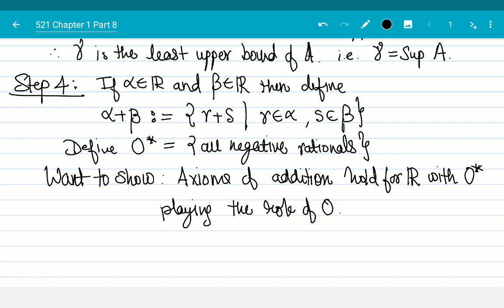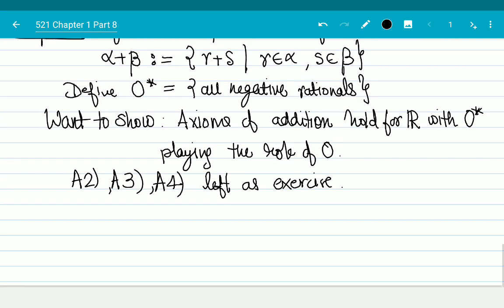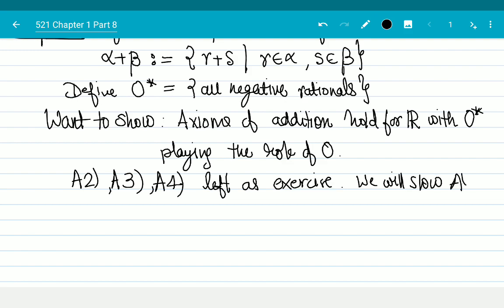I'm just going to show A1 and A5; A2, A3, A4 are left as exercise. Okay, so let's try to do A1 first.